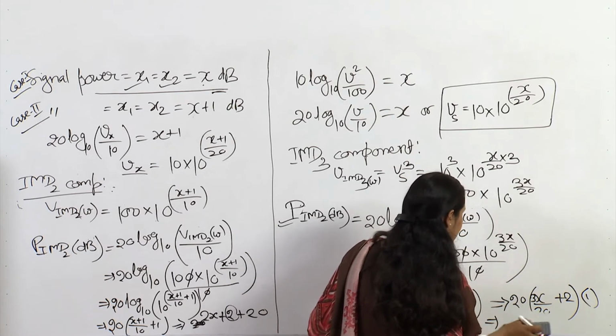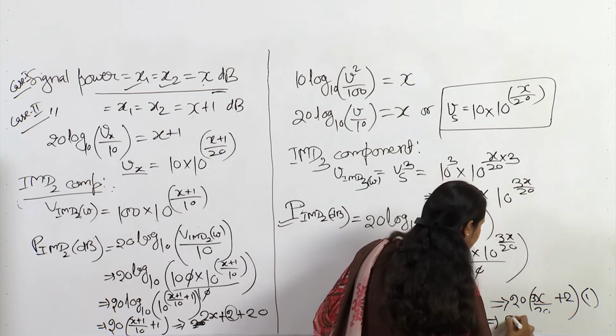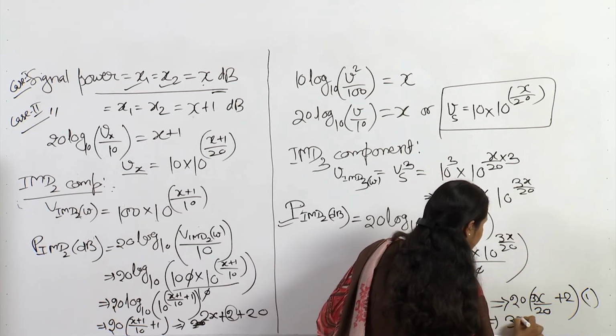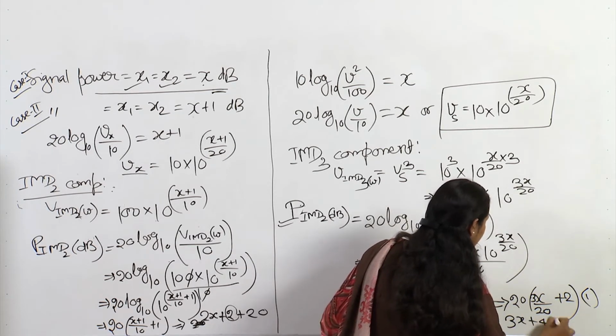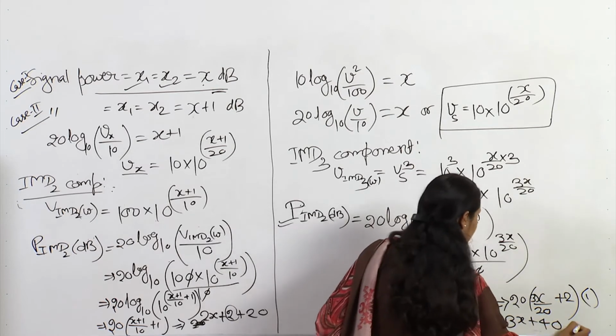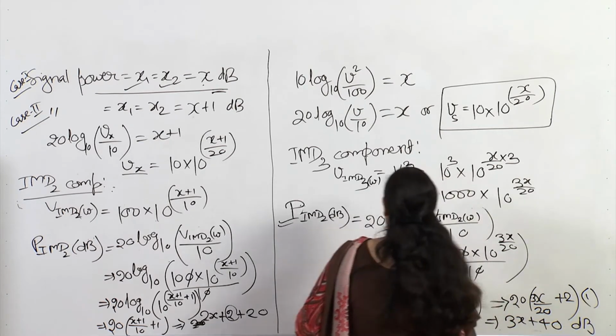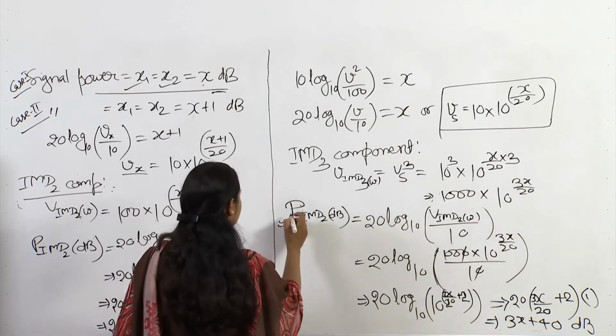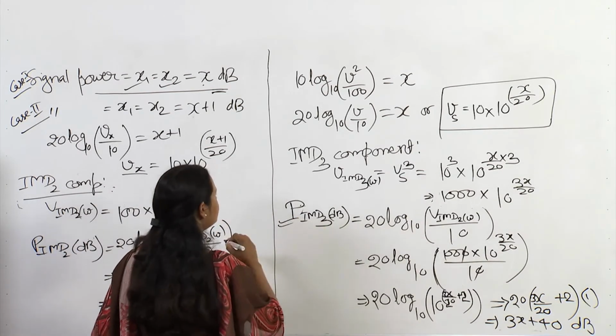So, for the third IMD product it will become 3x plus 40 dB, right. So, it is IMD 3.